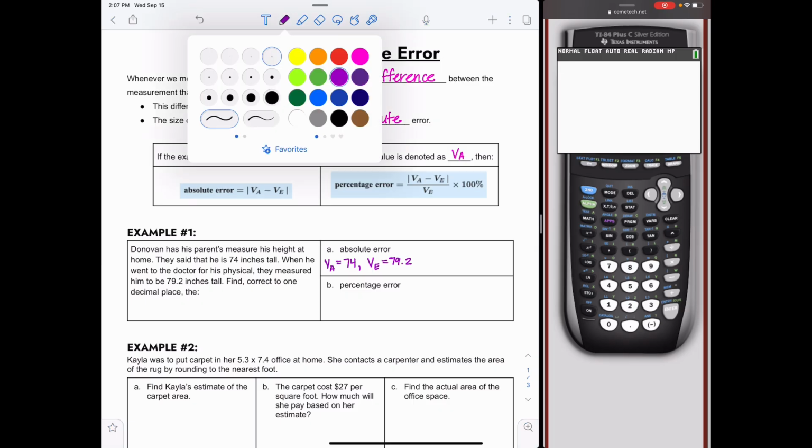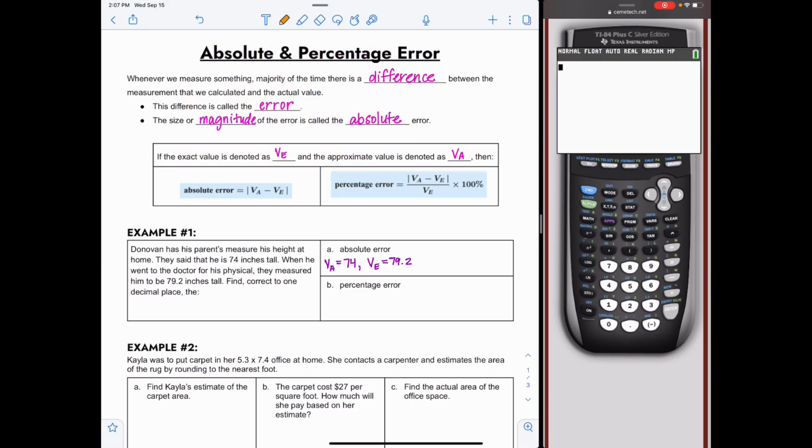So if we want to find this absolute error, we have to take the absolute value of 74 subtract 79.2. Now you should remember that absolute value just means you turn it positive. So 74 minus 79.2 gives us negative 5.2, but the absolute value of it is 5.2.